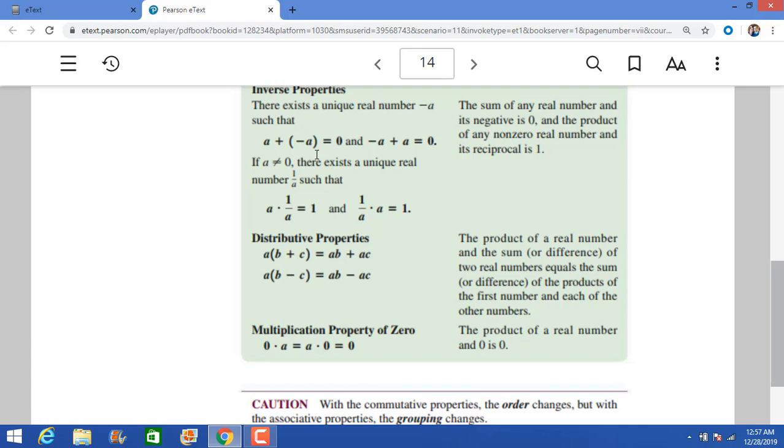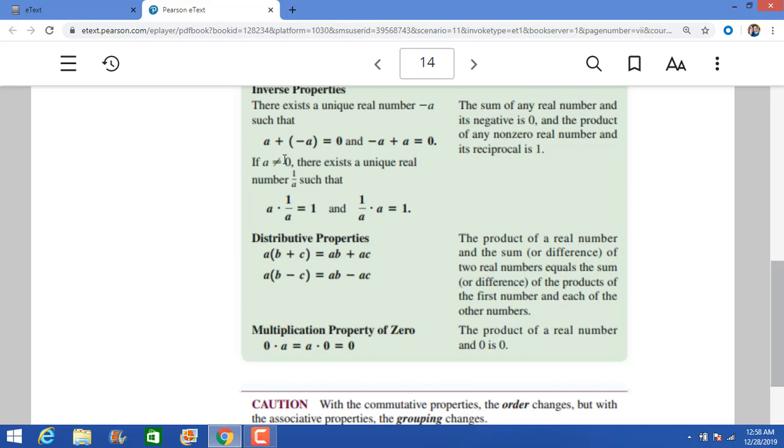So in addition, it's the negative values. The negative value is the inverse of the positive value, or the positive value is the inverse of the negative value. So if we have some number A and we add the opposite of A, we're going to get 0. So the opposite of A, or negative A, is the additive inverse.